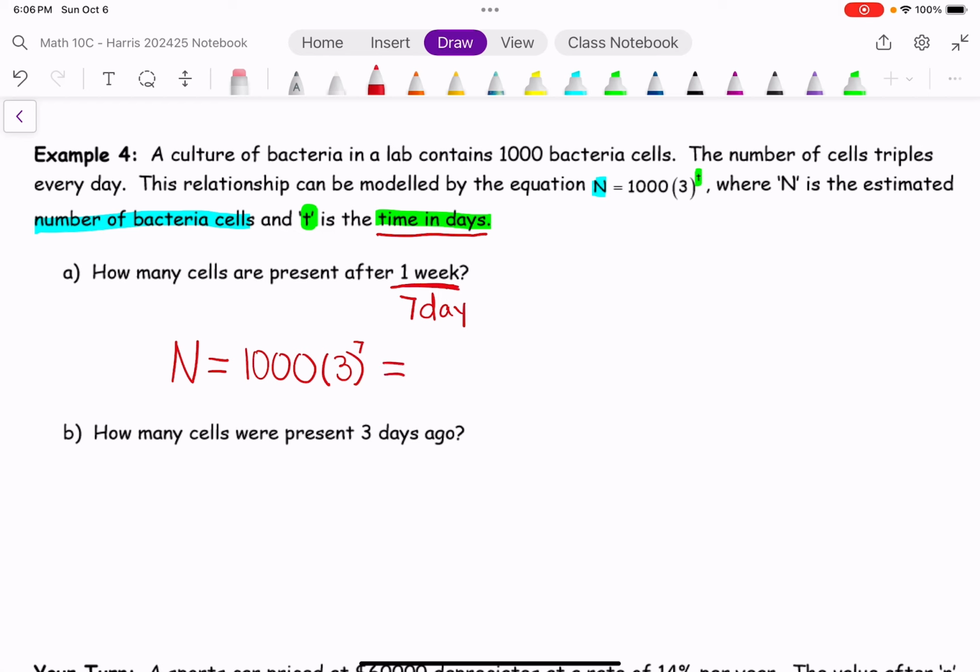Okay, we're going to take out our calculators. So 1,000 times 3 to the power of 7. We're going to get a really large number. I should get 2,187,000. Okay, so that's how many bacteria cells. This is the total amount of cells.